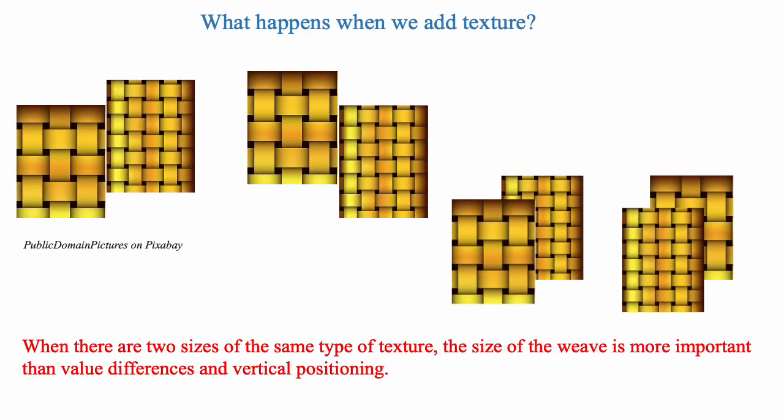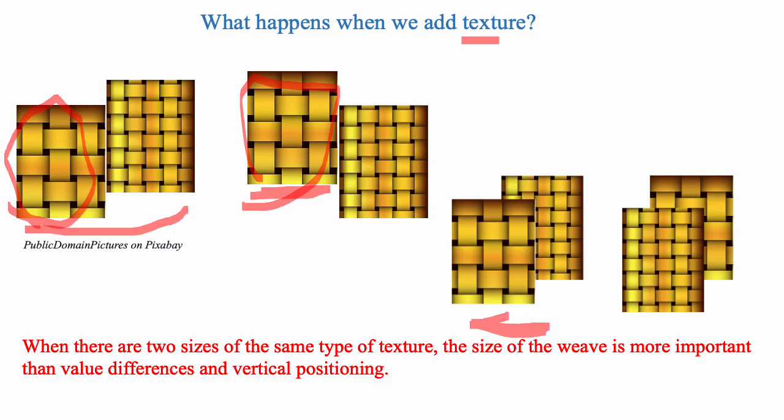So let's add texture and see how things change. When we look at these two, this one looks like it's in front. Even if it's higher up, it still looks like this one is in front. Now let's overlap them so this one actually is in front. And this makes sense. We have a large texture here and the same type of texture that's just smaller because it's further away.